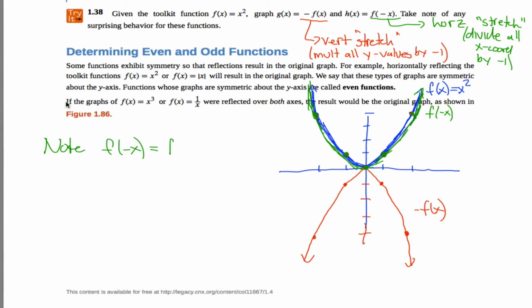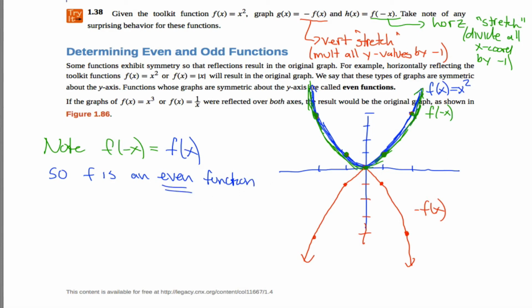This is overkill with the color coordination. But one time when I was teaching, someone did a course evaluation for me and they said I didn't use enough color. So now I go crazy with color. The green graph and the blue graph are the exact same. f of -x is equal to f of x. Anytime that happens, that tells you that f is an even function.